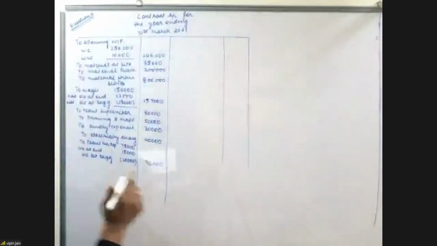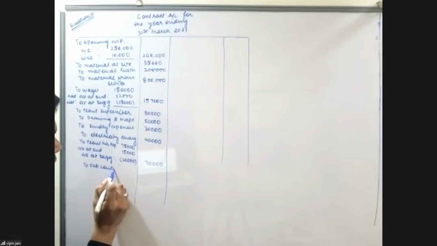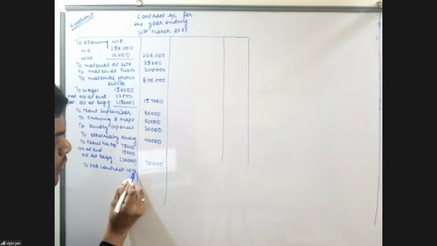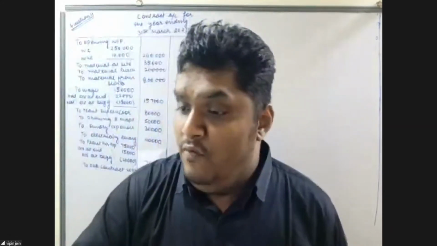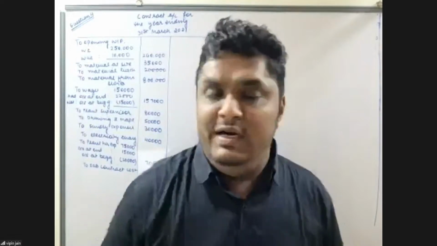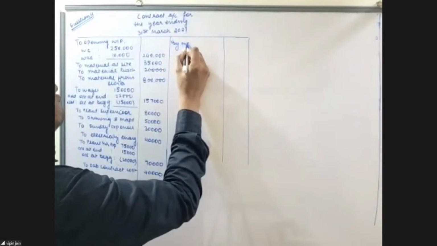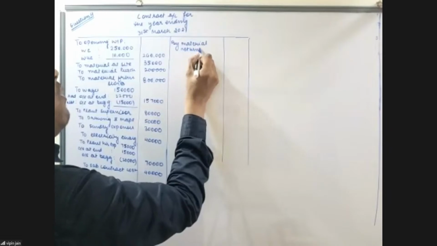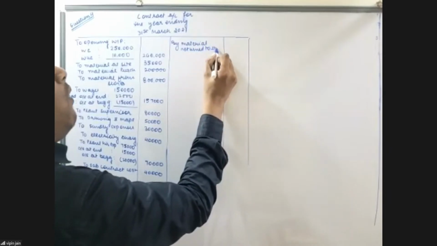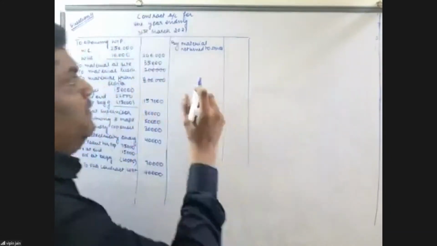Now subcontract cost is 40,000. Further, material returned to stores is 35,000.